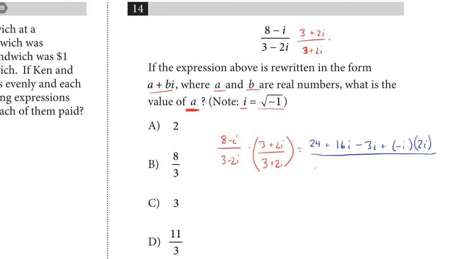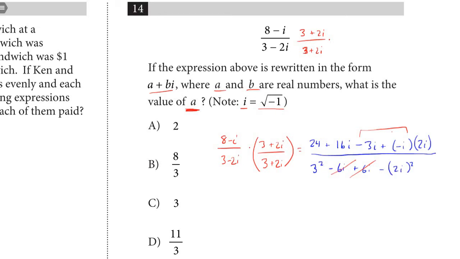And on the bottom, I have 3 squared minus 6i plus 6i minus 2i squared. Now, if I want to simplify this further, I notice that the minus 6i and the plus 6i cancel. And I notice as well that I can combine the negative i with the 16i and negative 3i, and I'll get negative 4i.